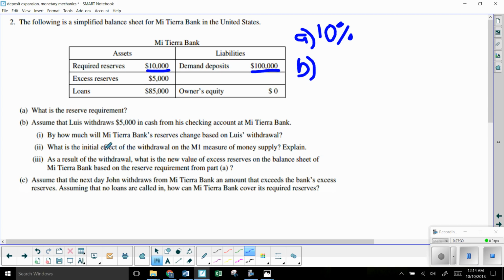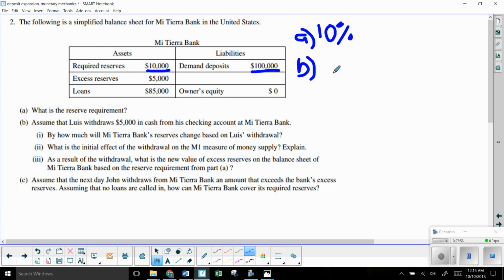Assume Luis withdraws $5,000 in cash from his checking account at MeTerra Bank. By how much will MeTerra Bank's reserves change based on Luis's withdrawal? Luis is taking money out of his demand deposits and he's removing it as cash. Well, the place where a bank can go to give you cash, that's its reserves.